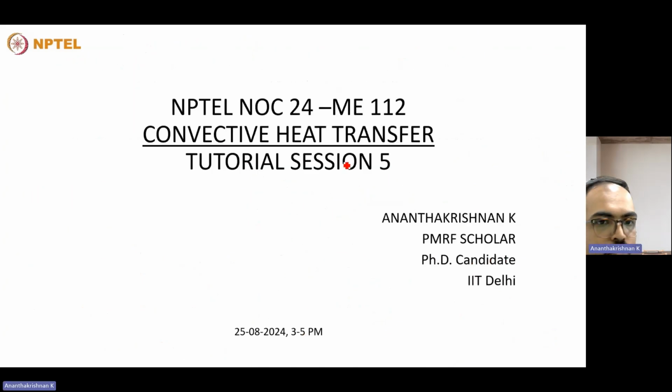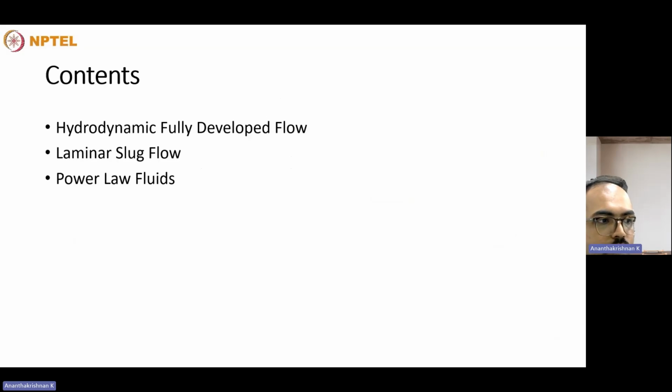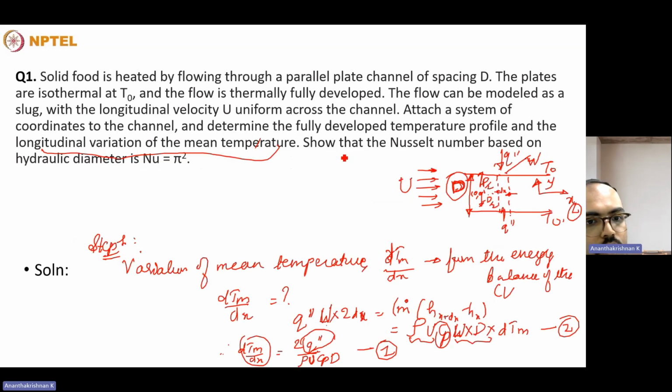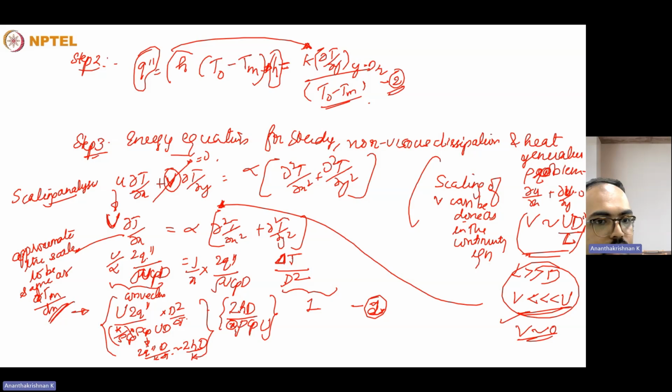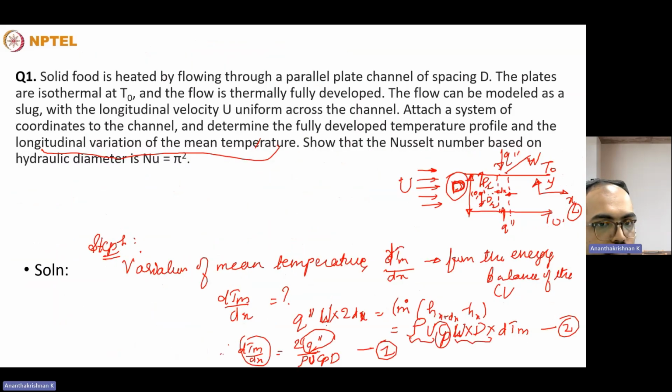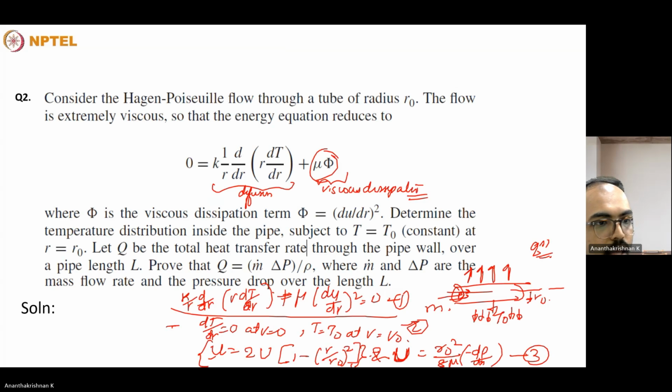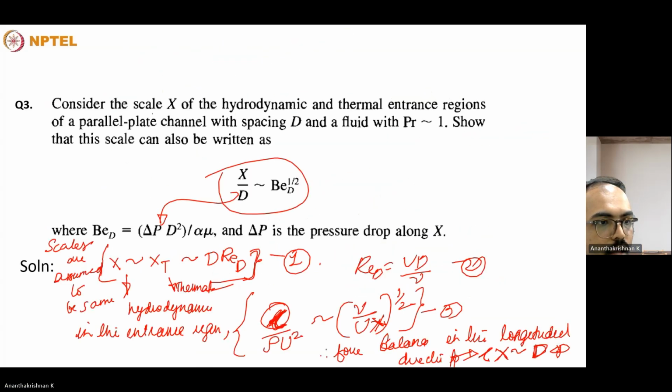That completes the session for this week. In this session, we have seen 3 numerical problems: derivations for slug flow, Hagen-Poiseuille flow with viscous dissipation, and a problem using the Bejan number for the thermal entrance region and hydrodynamic entrance region.